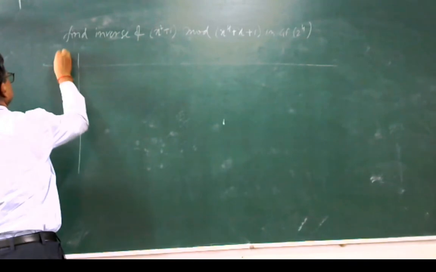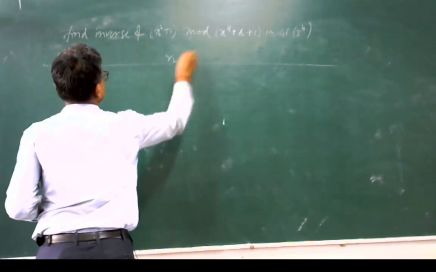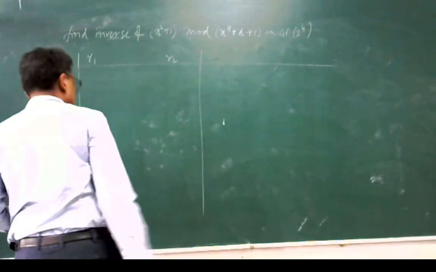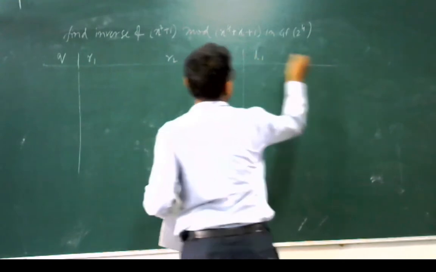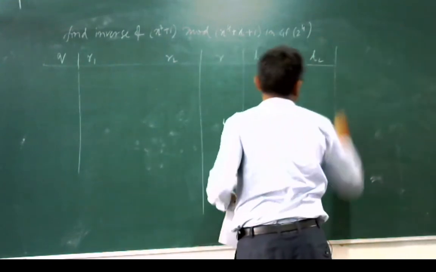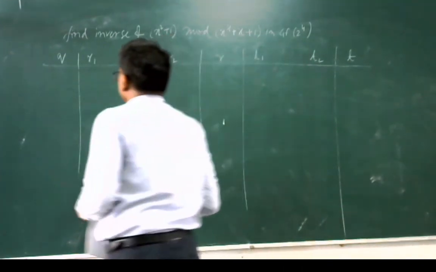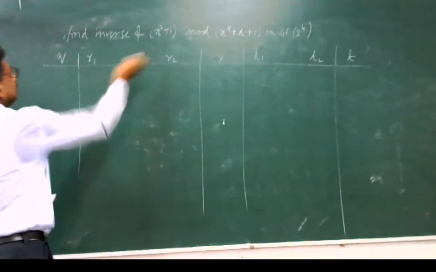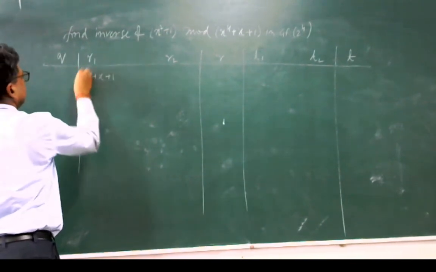Here we write quotient, here we write R1, here we write R2. Then we try to find out the remainder, then T1, then T2, and then we try to find out T. So here R1 is the mod value x to the power 4 plus x plus 1.